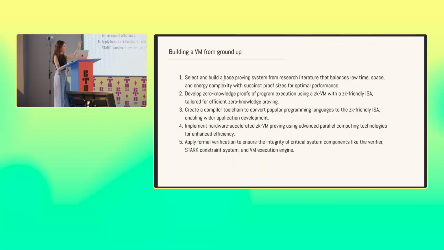Okay, so this is the process of how we built the VM from the ground up, providing a process flow. First, you have to select the base proving system. Second, we develop a ZK VM with our own ZK-friendly ISA instruction set, and the instruction set is tailored for maximizing the efficiency of zero-knowledge proving.